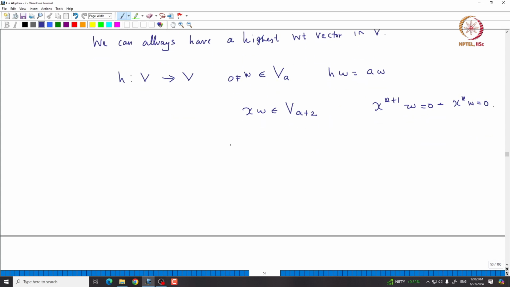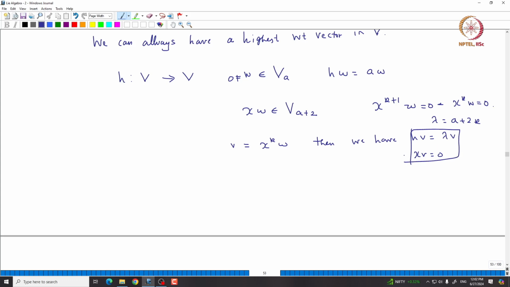Now, what one can do, one can replace V by x power k W as before, as we have seen in the analysis of finite dimensional irreducible representations. So, then we have H V equal to some lambda V, where lambda is exactly a plus 2k, and then x V becomes 0. Okay.